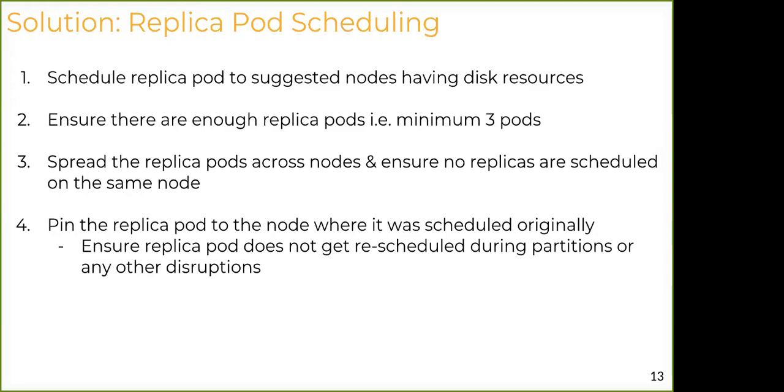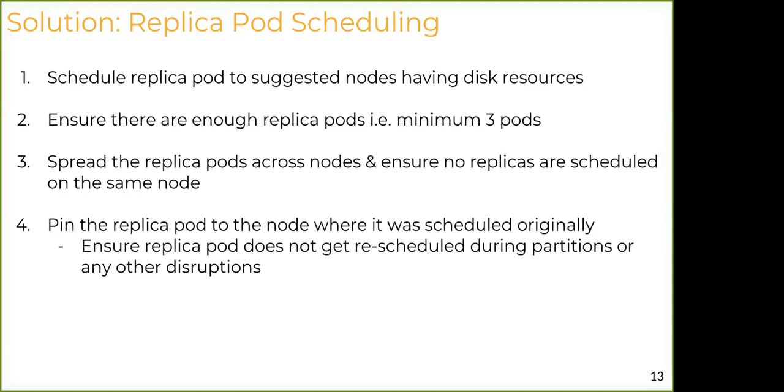So the fourth one talks about pinning. How do we ensure that the replica pod is sticky to the node? We are calling the term pinning, or stickiness. Once the replica pods get scheduled onto a node, it should stick there forever. Whatever may be the scenario, whatever may be the disruption, whatever may happen to the cluster, it should stick to the node.